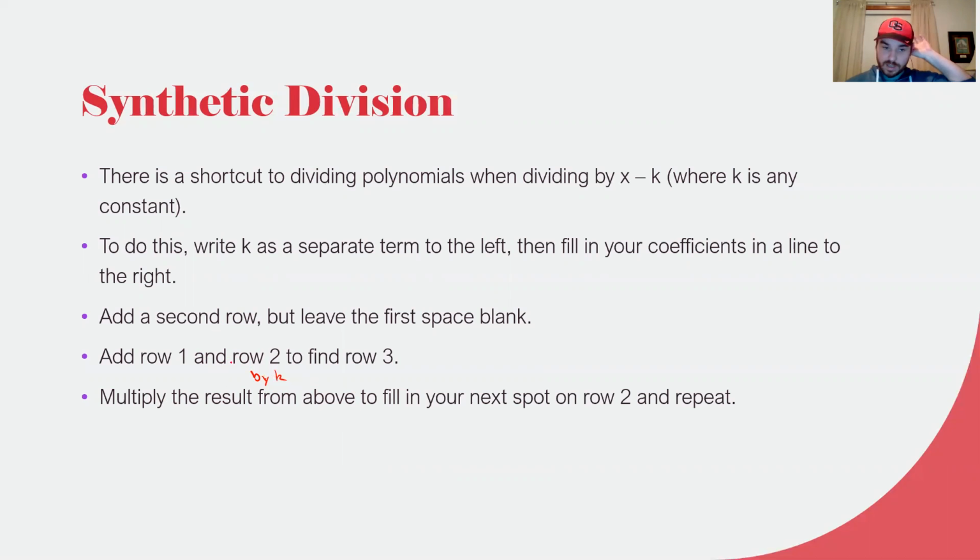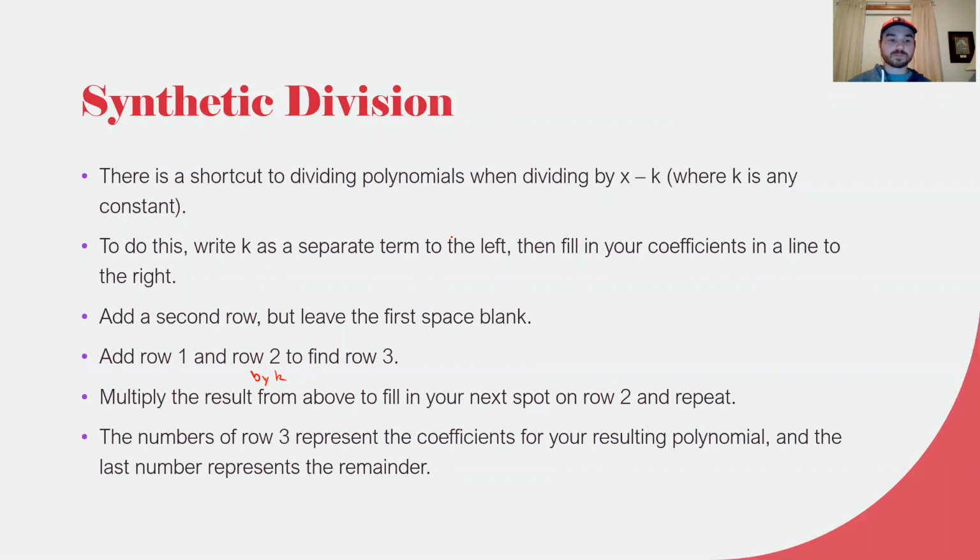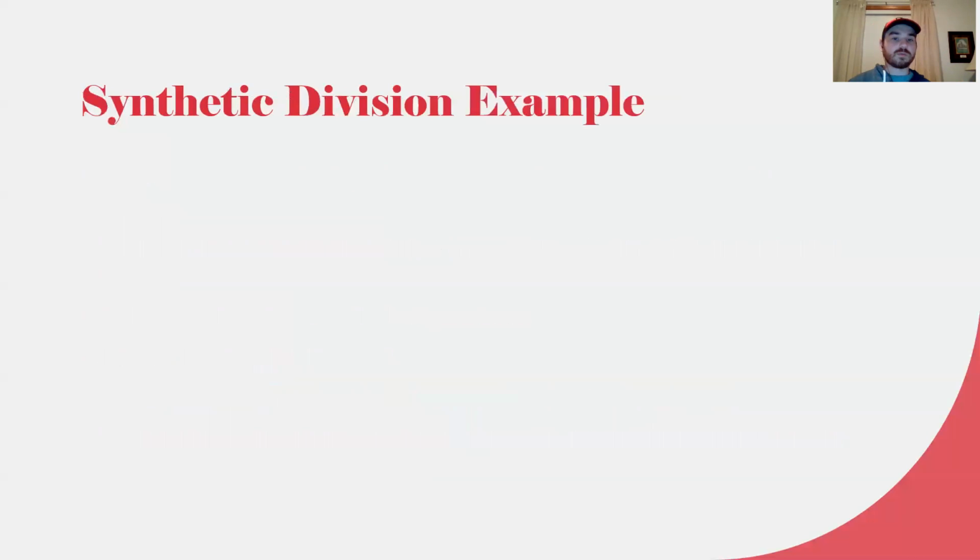Multiply your result from this step here by k to fill in your next spot on row 2 and repeat. The numbers of row 3 represent the coefficients for your resulting polynomial, and the last number represents the remainder. The power for each x value should be reduced by 1. So I would write all these things down. You'll probably want to pause the video, and then I'm going to go through the example here right now.